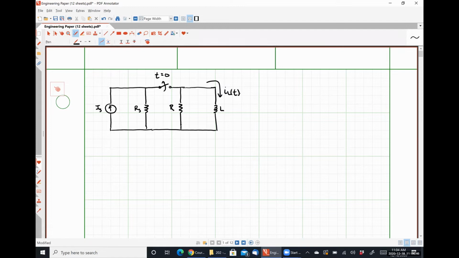Our inductor current as a function of time, IL of t, would always be of this form: IL at 0 minus for t less than 0 minus, and it would be IL at 0 plus e to the minus t over tau for t greater than or equal to 0 plus, where in this case tau is equal to L over R.